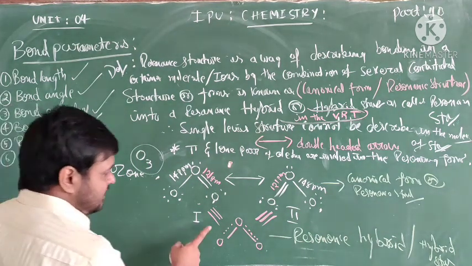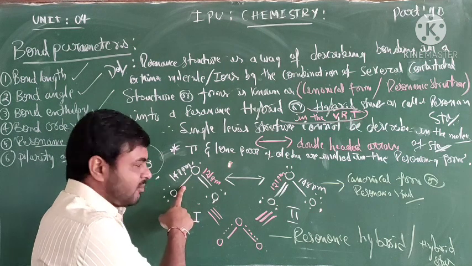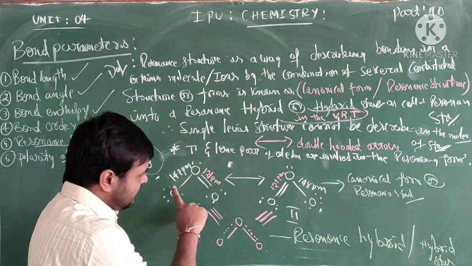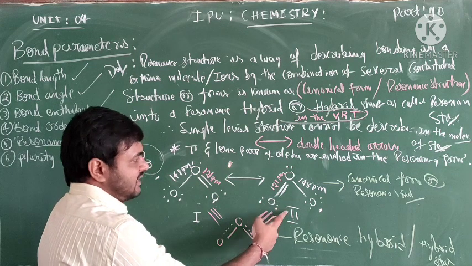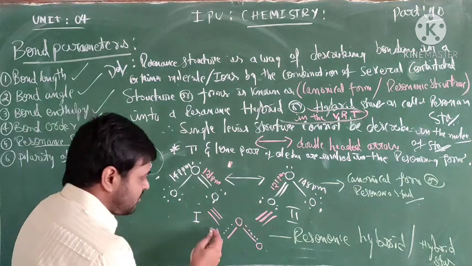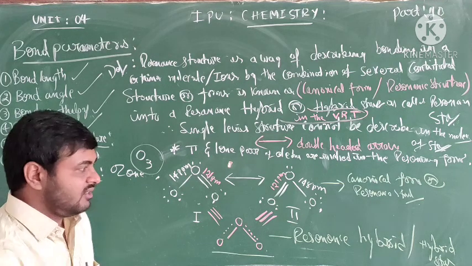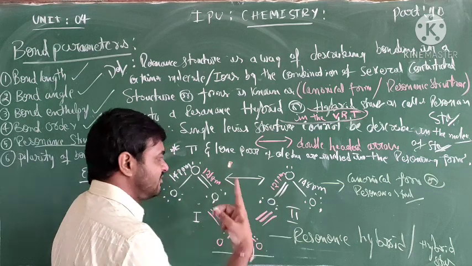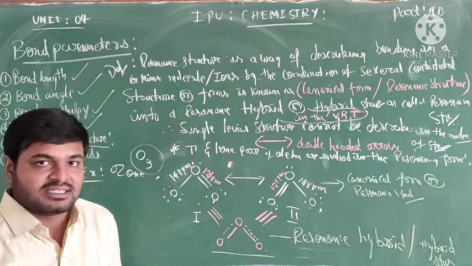So in one canonical form, this is a single bond and here is a double bond, with the double bond on the right side. In the second canonical form, the double bond is on the left side. But what about the resonance hybrid? The resonance hybrid involves either the right side or the left side, and it represents a single structure.